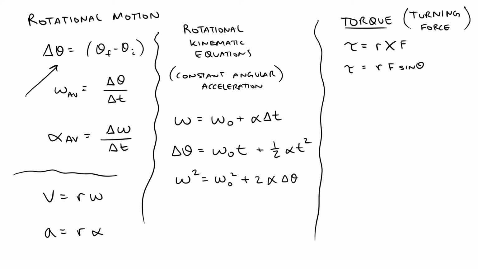Next up was, I think we went right into angular momentum right after that. No, we went to moment of inertia first. Moment of inertia, that was me looking at the mass and how it is oriented on something that's spinning.